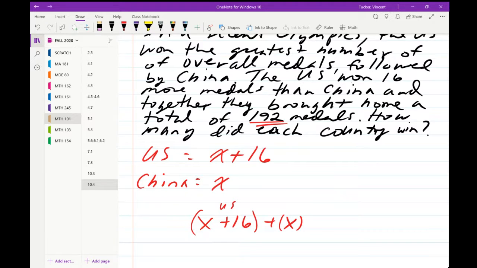When you add them up, that's equal to 192. And that's our equation. Questions? Any questions before we solve it?